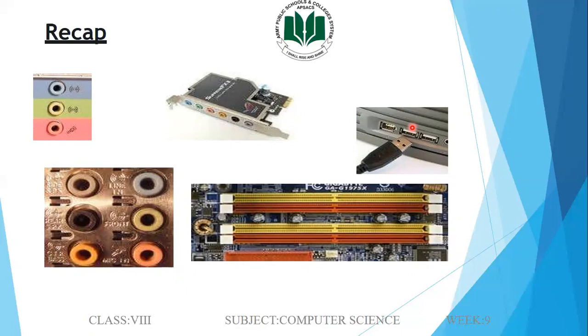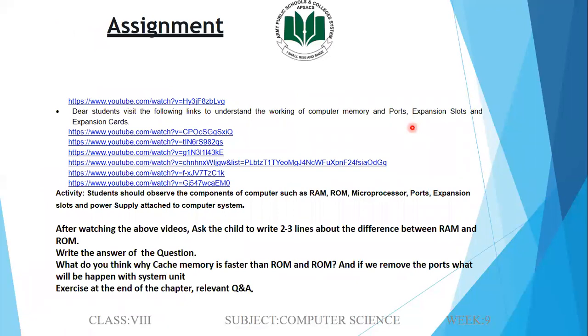Now students, it's time to give some assignment. Dear students, visit the following links. After watching the above videos, write 2 or 3 lines about the difference between RAM and ROM on loose sheets.